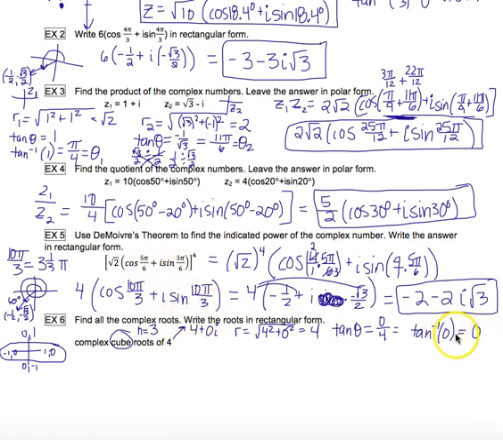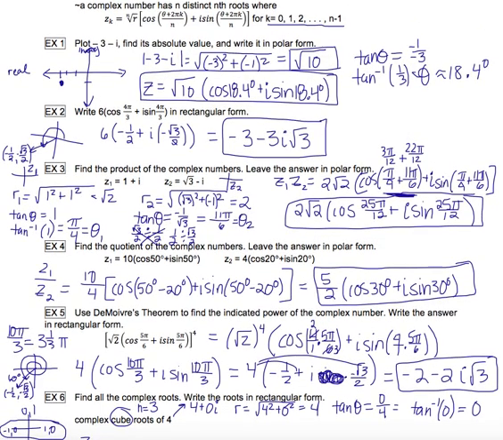So now I have my theta and I have my r. So that means now I can use the formula. I'm going to start with z sub 0, because when we look at the formula, it's always z sub k for k equals 0, 1, 2. So z sub 0, I'm going to do the cube root of r, and then I'm going to do cosine of theta, which is 0, plus 2 pi k, which is 0, divided by n.